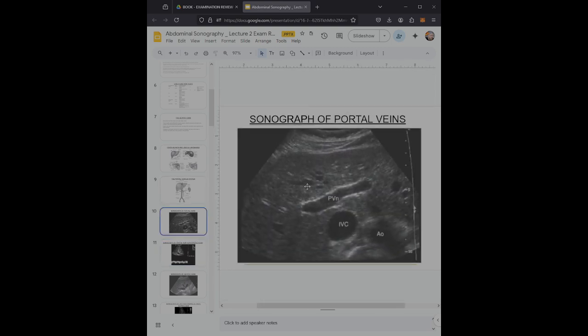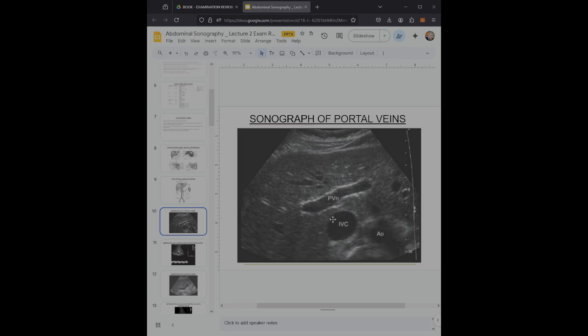So, what do the portal veins look like? So in this image here, we have a number of blood vessels.